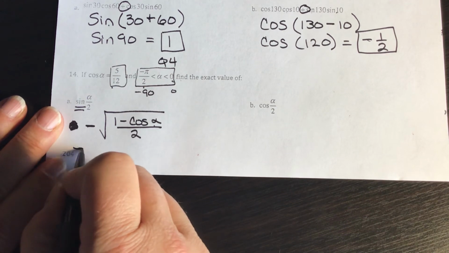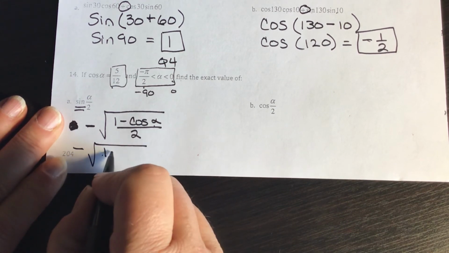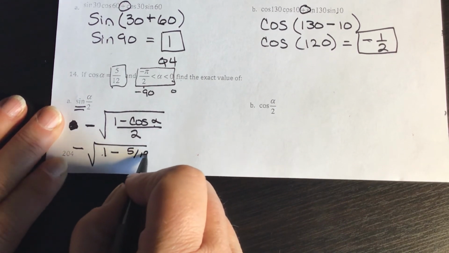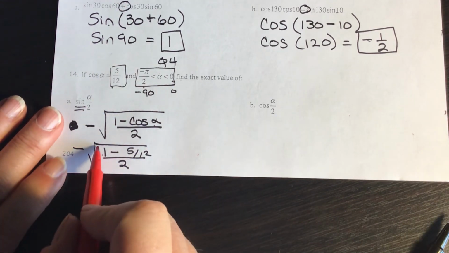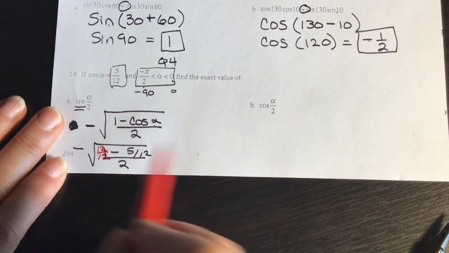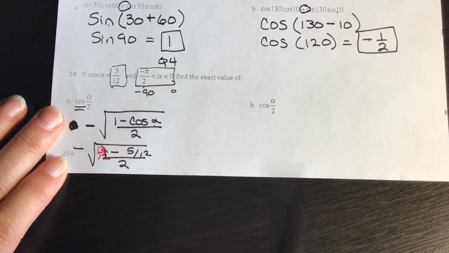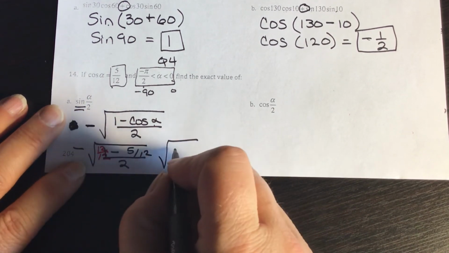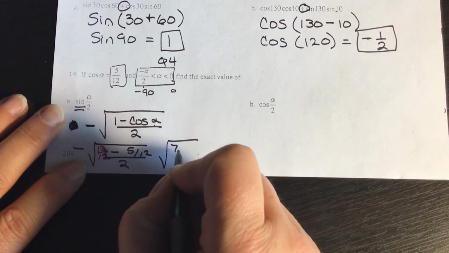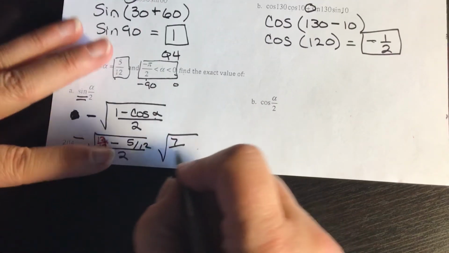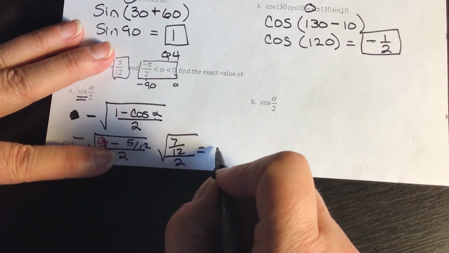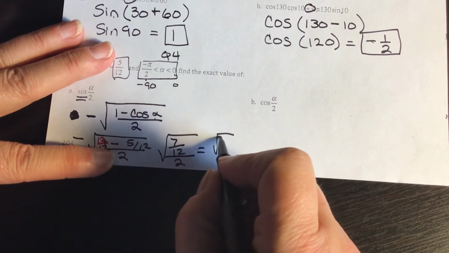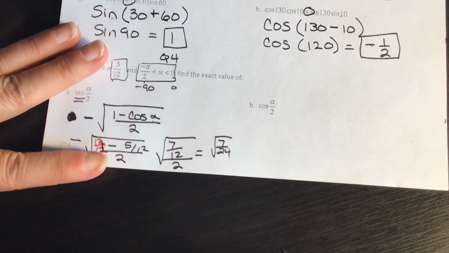So this is negative square root 1 minus 5/12 over 2. So this is 12/12 minus 5/12 is 7/12. And then I'm going to divide this by 2. So this is actually the square root of 7/24.